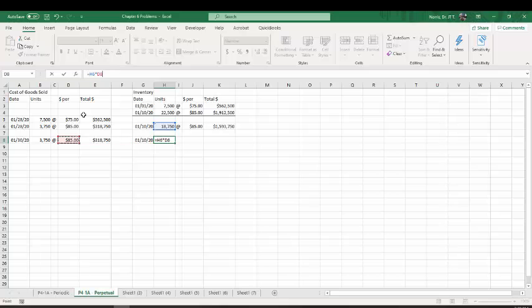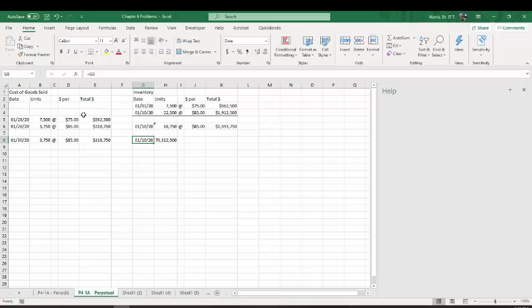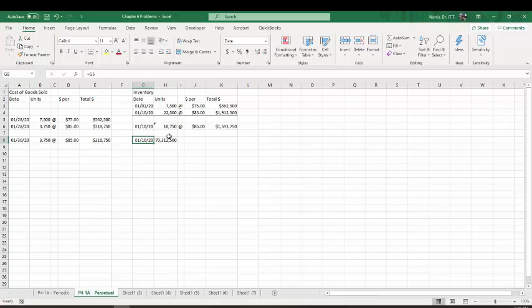We've now sold another 3,750. Oops, I multiplied it. Hold on. Yeah, there we go. Pushing buttons at random. Change that to a minus, and that leaves us 15,000 units at the $85 per unit for a total now of 1,275,000.